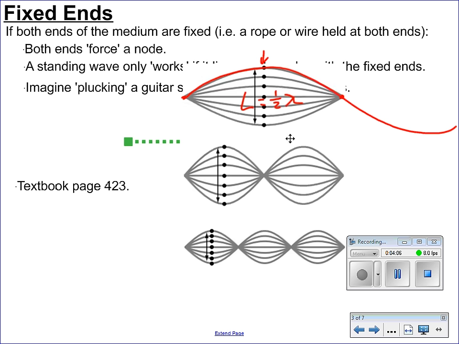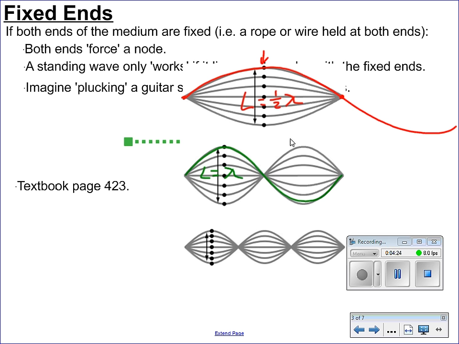The next one down, if you were to trace out a wave in this one, you would manage to get the full wave inside that length. So in this case, the length is equal to 1 wavelength. All right, that's the next situation where you can get a node at both ends.